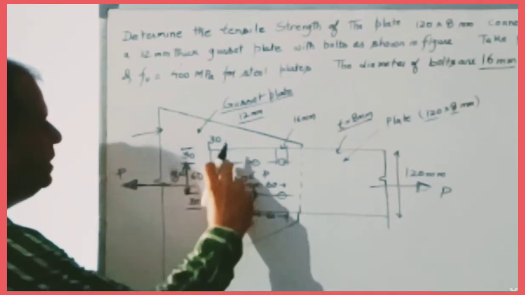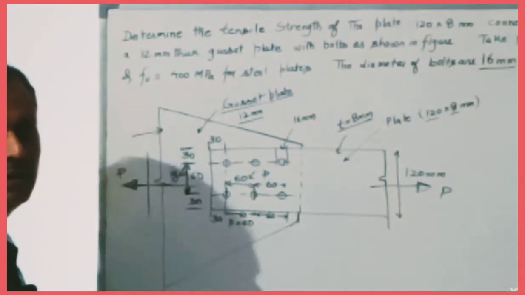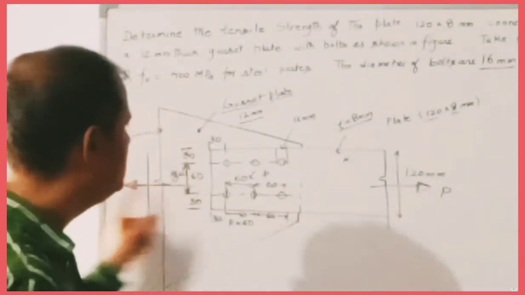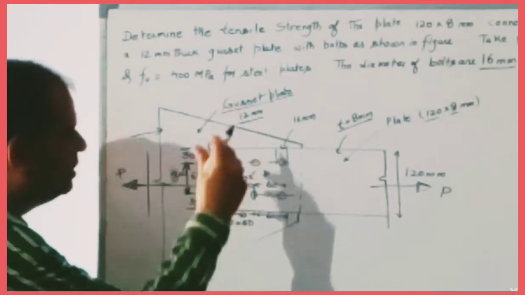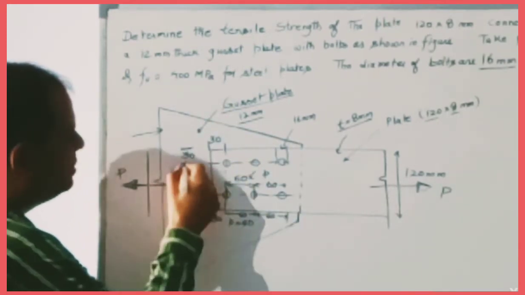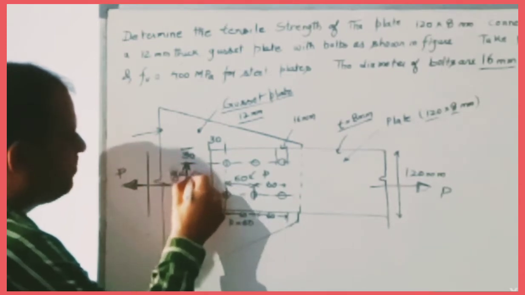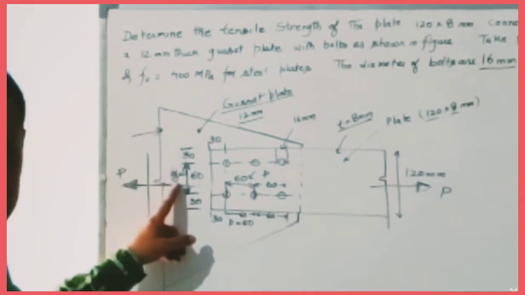Likewise, the distance between two consecutive fasteners in direction perpendicular to the applied load. This is the direction of the applied load and this is the perpendicular direction. So the distance between two fasteners is also given as 60 mm. It is called gauge, denoted by small g.